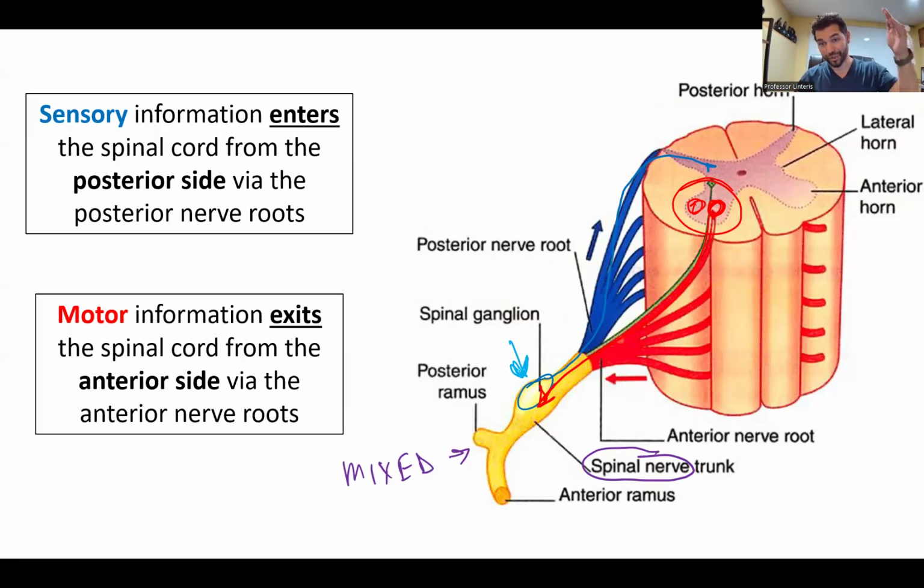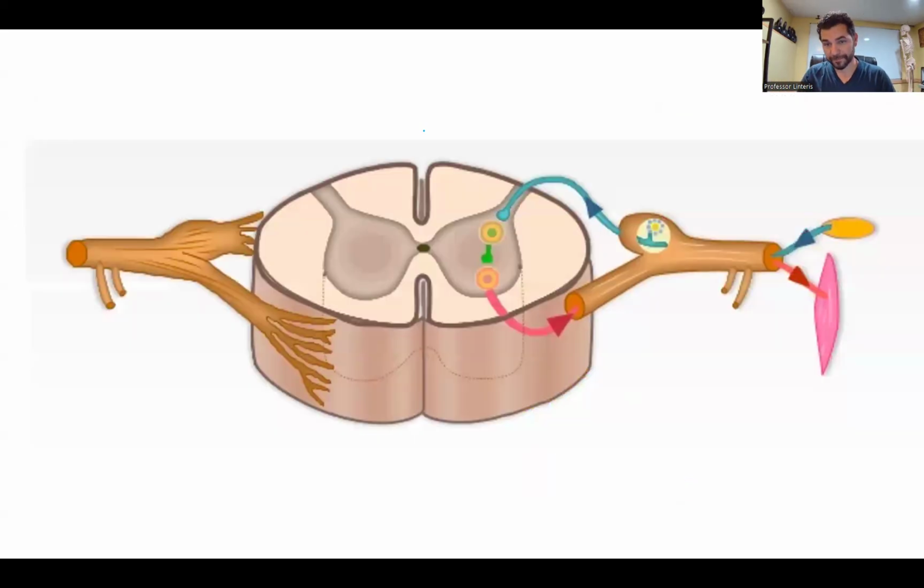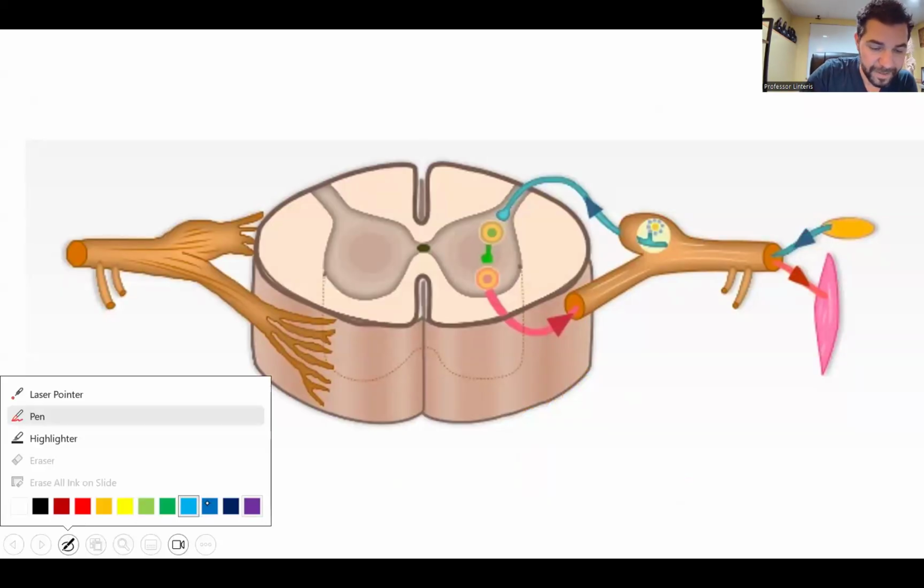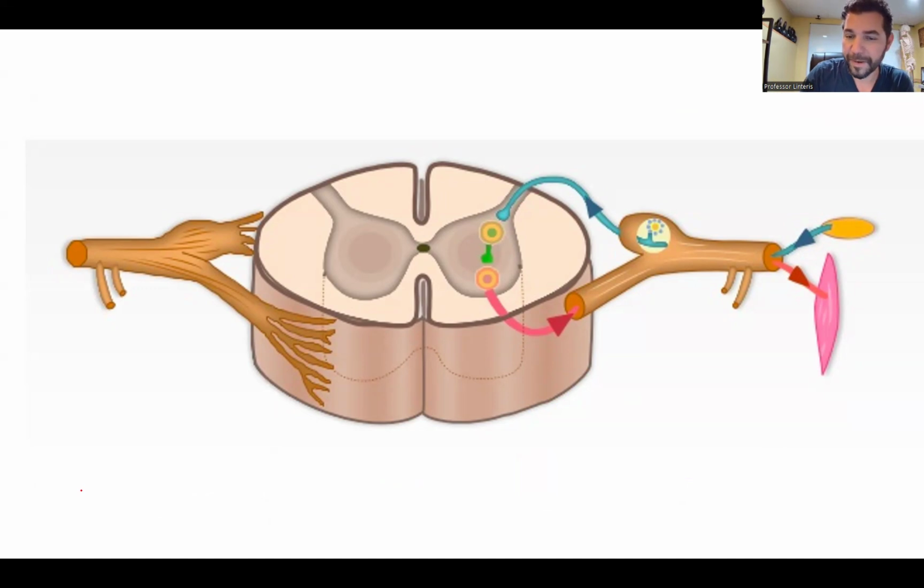Obviously, sending messages to the CNS, right? We'll talk about that in a minute. Or sending messages away from the CNS. Sensory messages go to the CNS, in this case, the spinal cord, and motor messages go away. We can see that here as well. This is diving into, and I'll show you a reflex arc in a little bit.